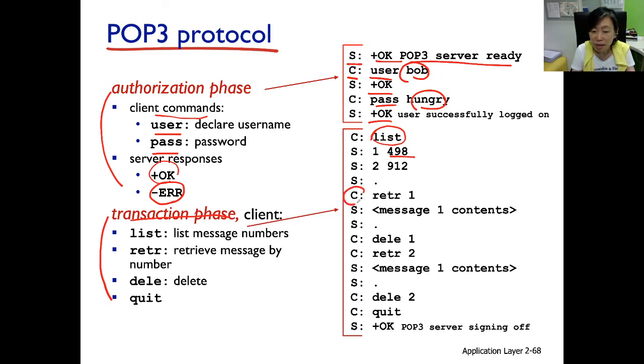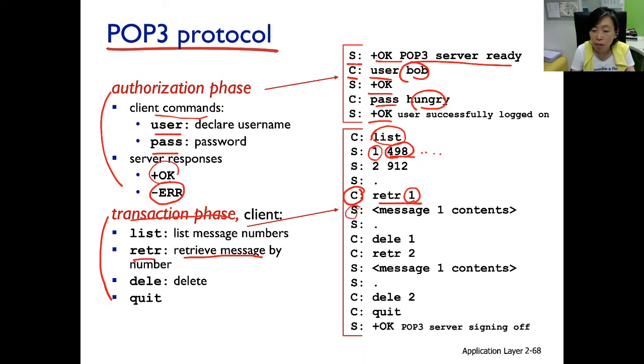Only then does the client begin issuing commands like RETR, for retrieving messages. RETR 1 indicates that it's retrieving this email. This is the index of the email, the size of the email, and there could be other information.